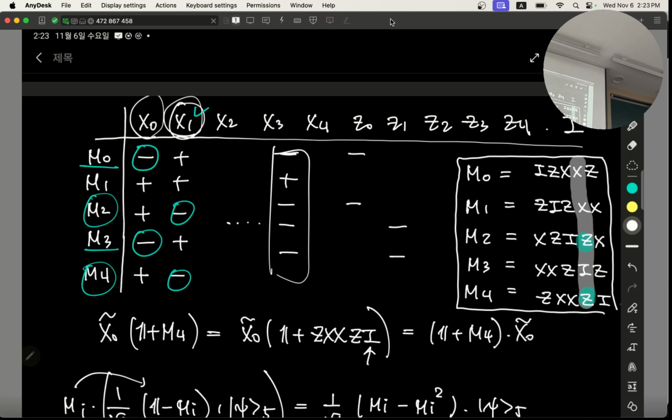You don't change the fact that it is an eigenstate. You only change the eigenvalue because of an error that occurred inside the physical qubits, and you detect the eigenvalue and keep that information in the next computations.